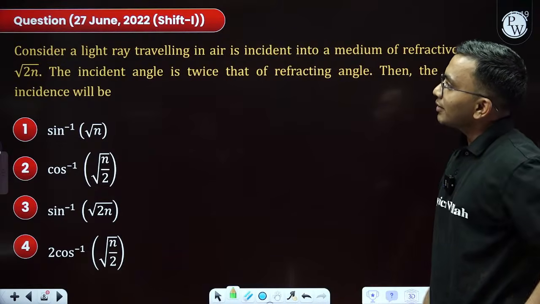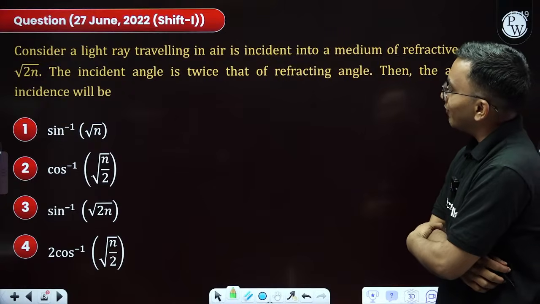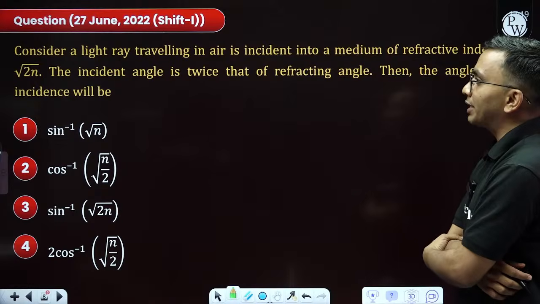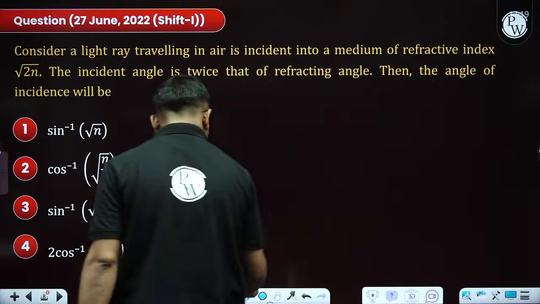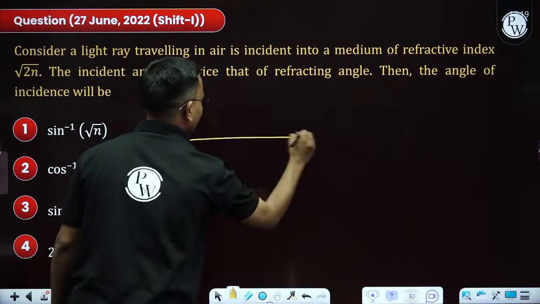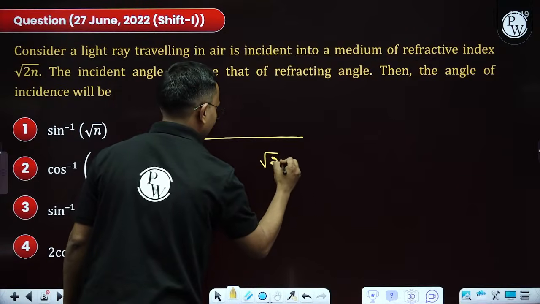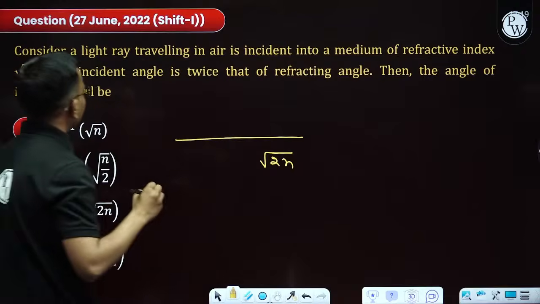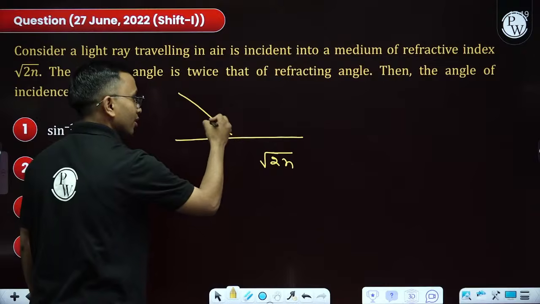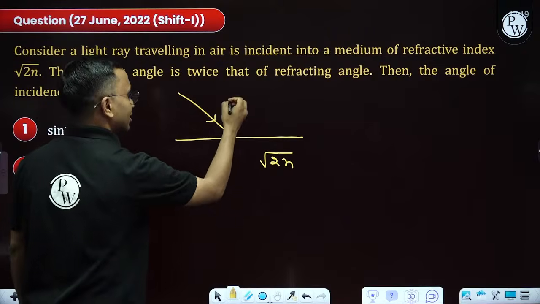Okay. Consider a light ray traveling in air incident into a medium of refractive index root 2n. So here we have a light ray incident on a medium like this. The incidence angle is twice that of the refracting angle. What we need to find is the angle of incidence.